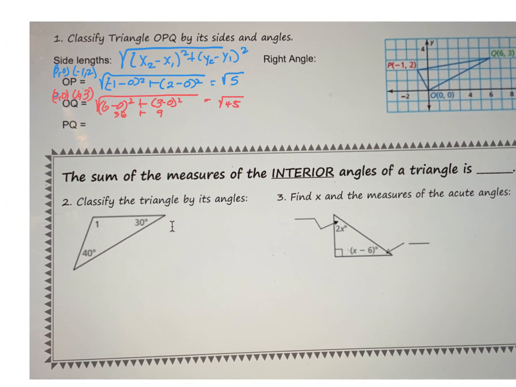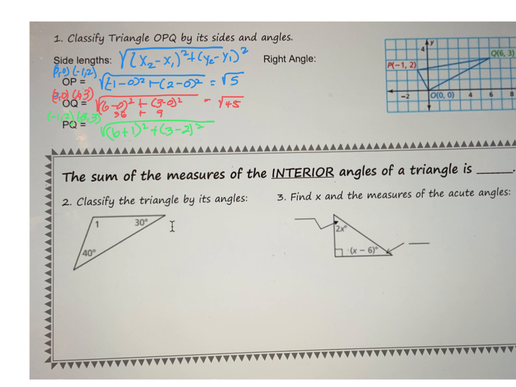So I have -1, 2 for P, and then I have 6, 3 for Q. So we're still going to put it in there. So that gives me 6 minus a -1, a negative and a negative make a positive, so 7, squared, plus 3 minus 2 squared.